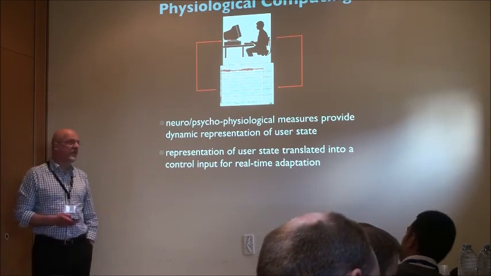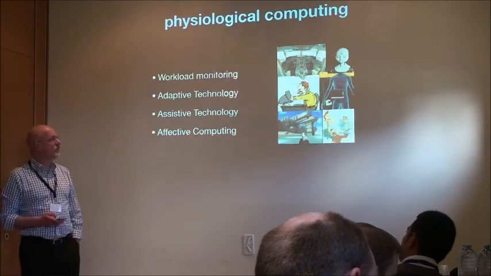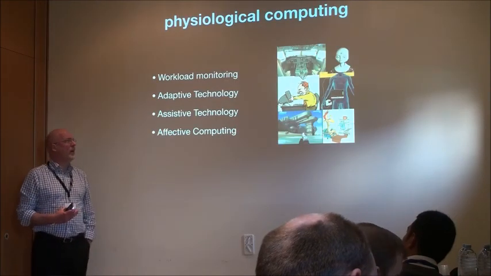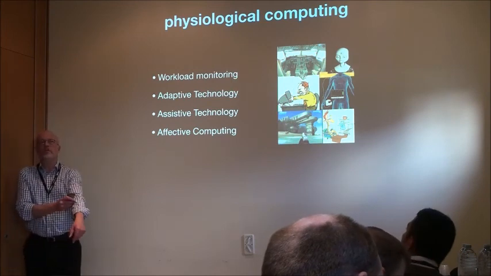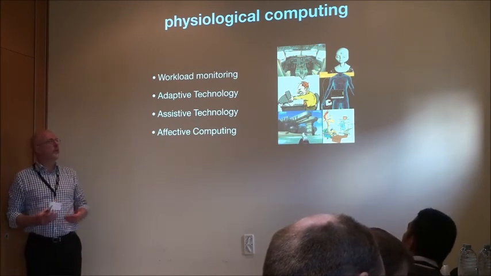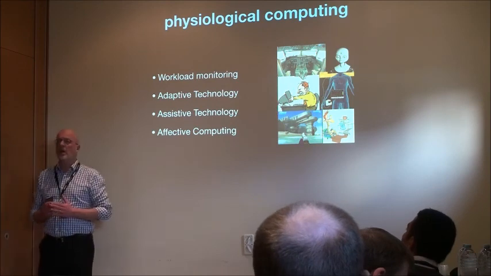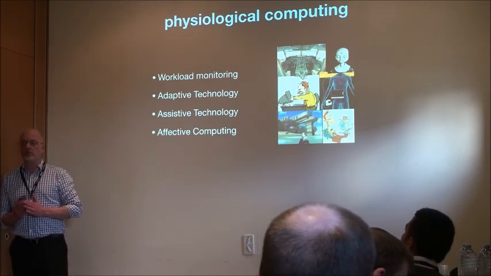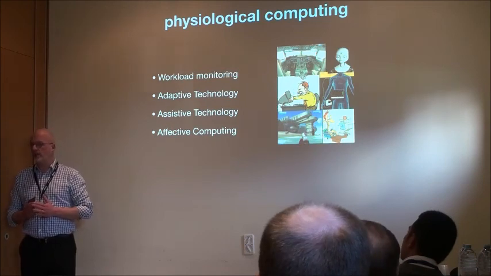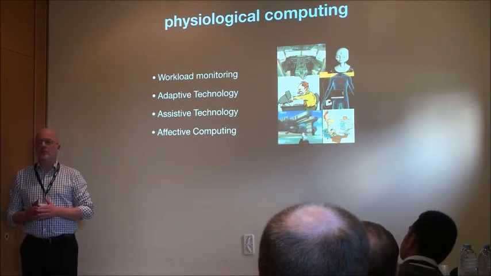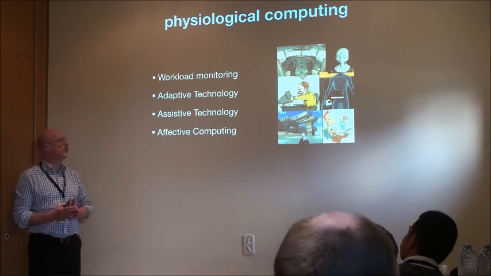Now, physiological computing systems and systems like them have been around for some time. People are doing research in this area in a number of different fields. We've used measures from the brain and the body to understand how hard someone is working. This is called mental workload monitoring. And we do that with pilots, we do it with car drivers, we tend to do it with anyone who's doing safety critical performance.